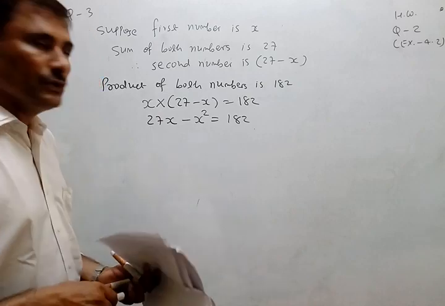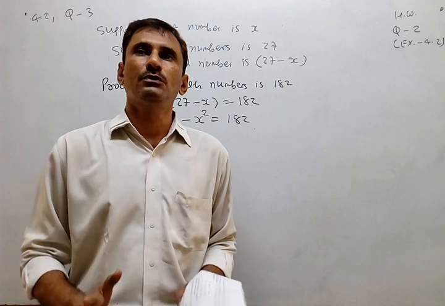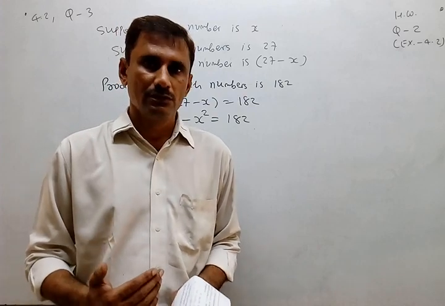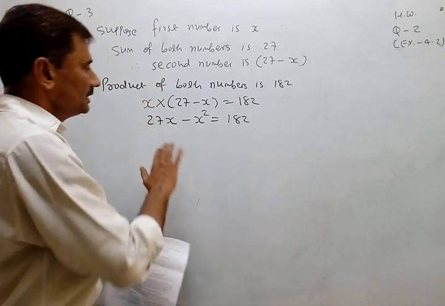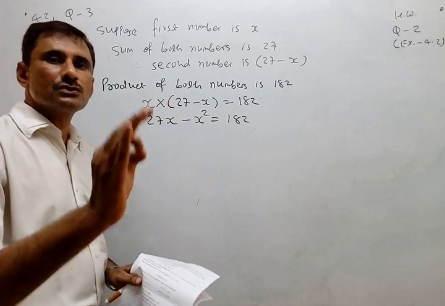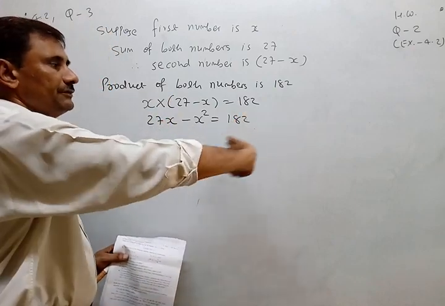Now you know we have to write the quadratic equation in standard form. Standard form is ax square plus bx plus c equal to 0. Means all terms should be on any one side and the opposite side should be 0. So now I am shifting both these terms toward the right side. Why?